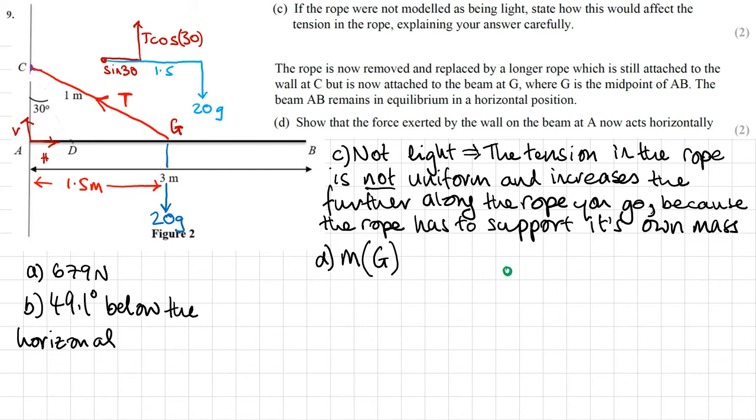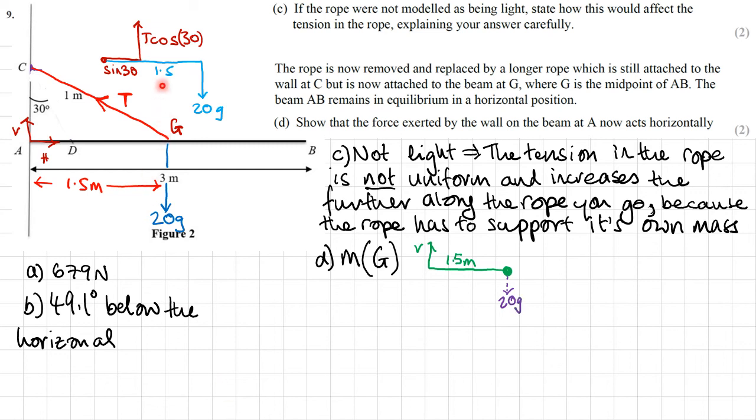I've got a distance of 1.5 to the vertical force of the hinge here, so 1.5 times V. The 20g is now acting through that point, so that's not included in a moment.